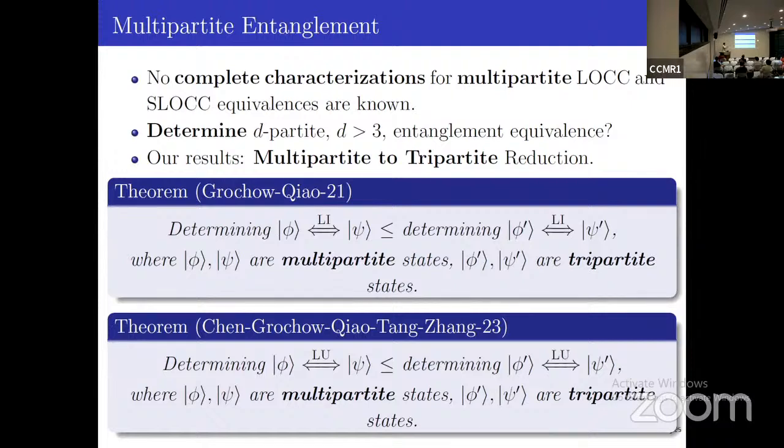The first result is proved by Grochow and Qiao. They prove that determining multipartite equivalence under LI can be reduced to tripartite equivalence under LI. And our result shows that it also holds for local unitary equivalence.